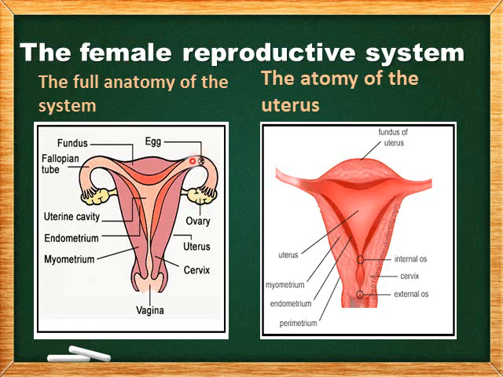The fallopian tube is the tube that receives the oocyte from the ovary, and it's the site of fertilization. I mean, when the oocyte is released from the ovary, it will remain here in the fallopian tube, waiting for a sperm cell to come and reach it for fertilization to take place.